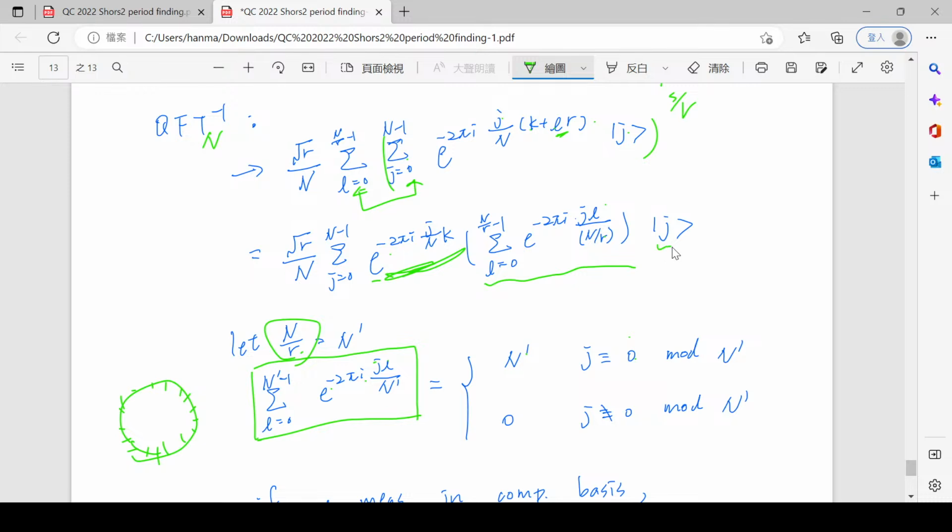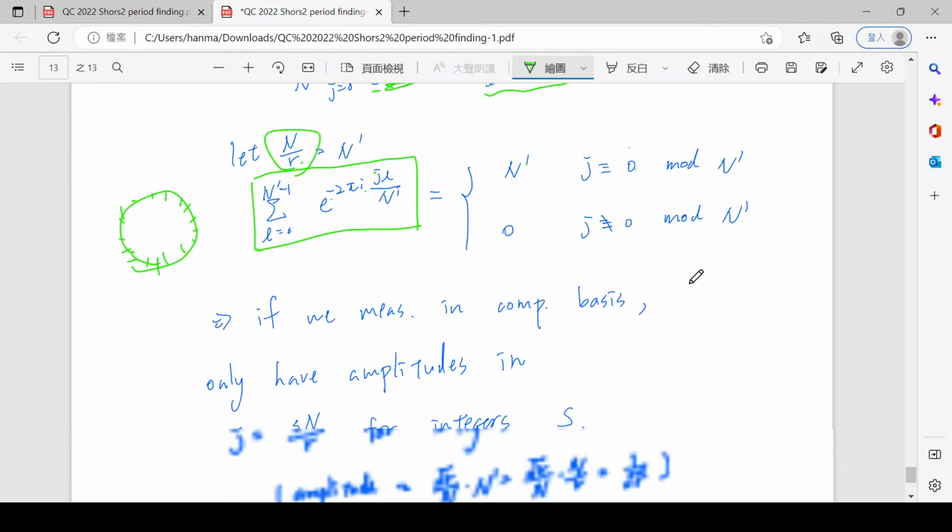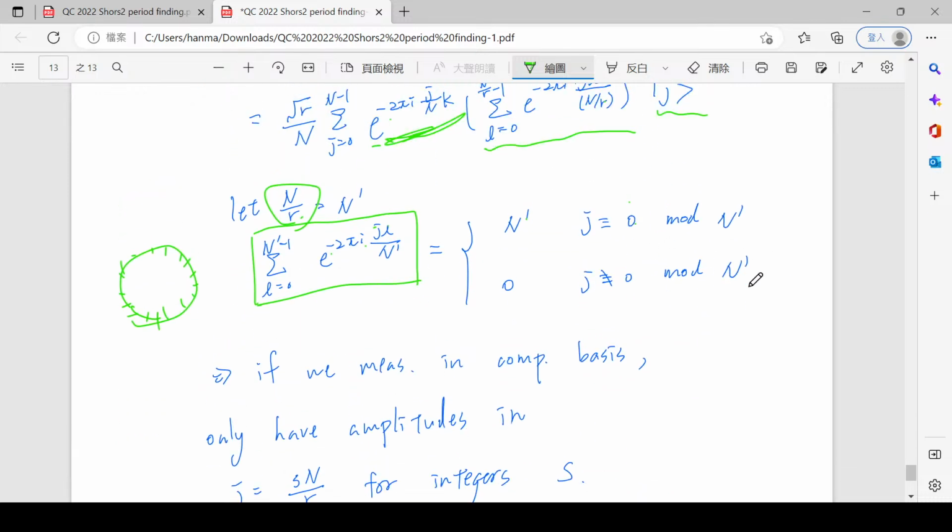Well, we know J doesn't have amplitude if it's not some constant multiple of n prime, because of this relationship. So if J is not equal to 0 mod n prime, it just has 0 amplitude because this part becomes 0.